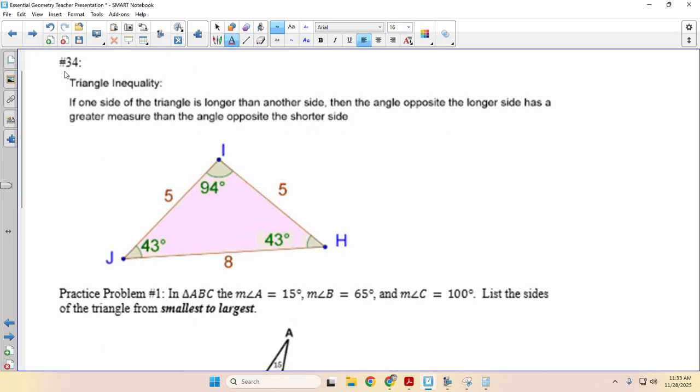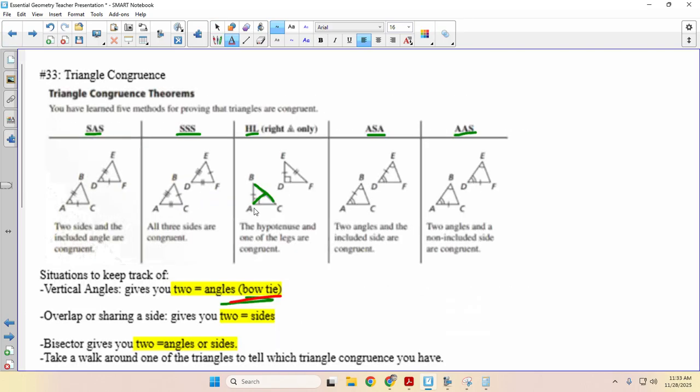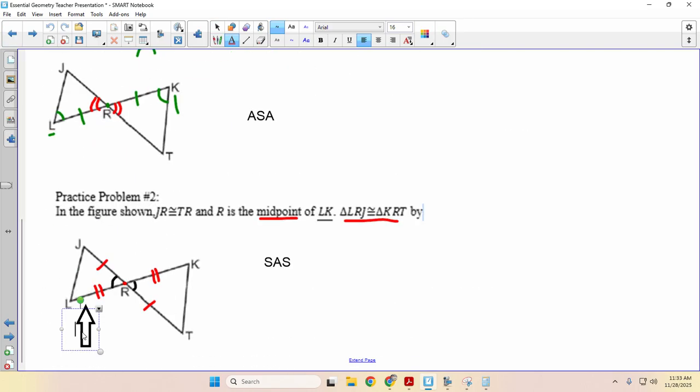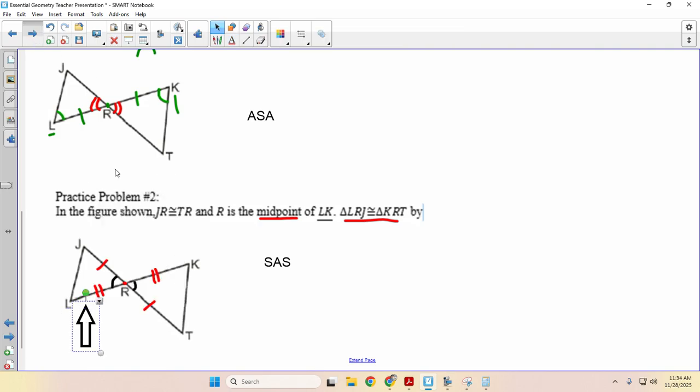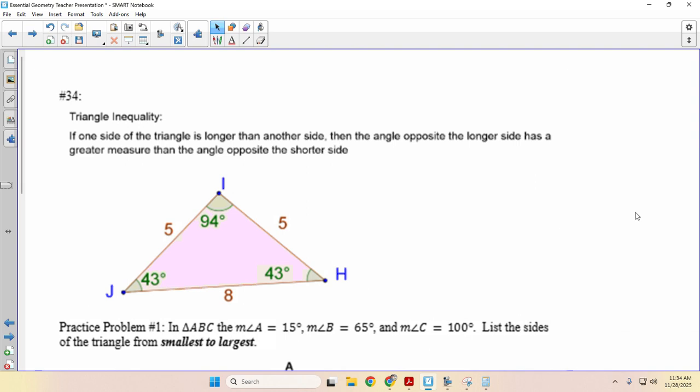All right, question number 34 is talking about triangle inequalities. There is something about these little triangles that, once we talk about it, you'll go, oh, well, that makes sense. But we just don't talk about it in any kind of format. So we're going to talk about it now, and you guys are like, oh yeah, that totally makes sense.